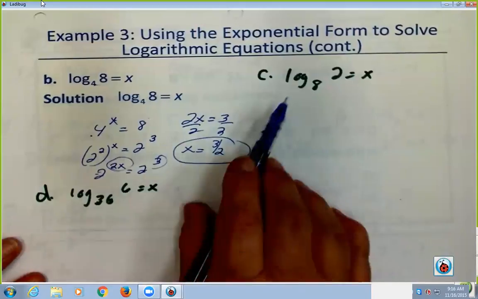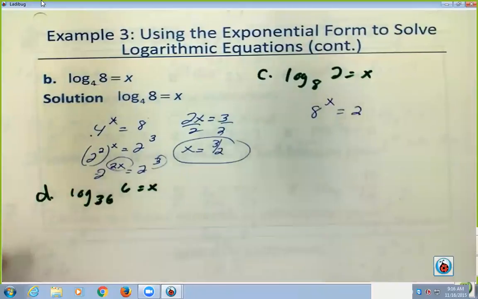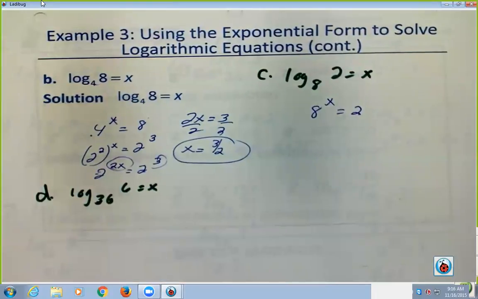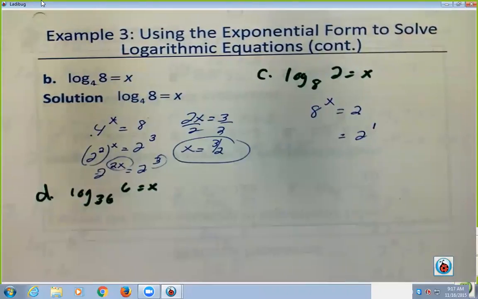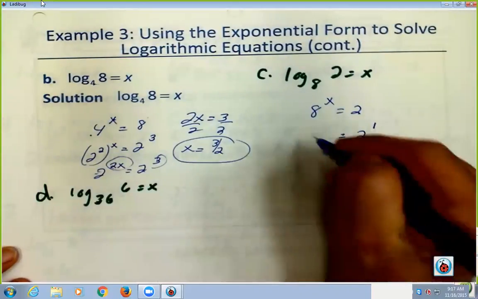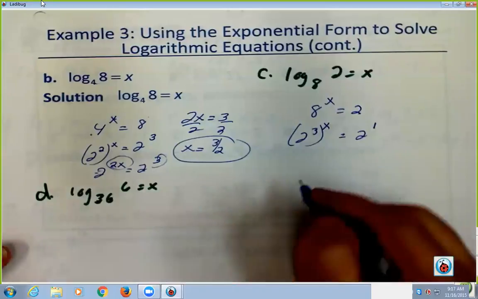And then this one is 8 to the x is equal to 2. If you reverse it, what's x going to be? 2 to the 1st power, 8 is 2 to the third.